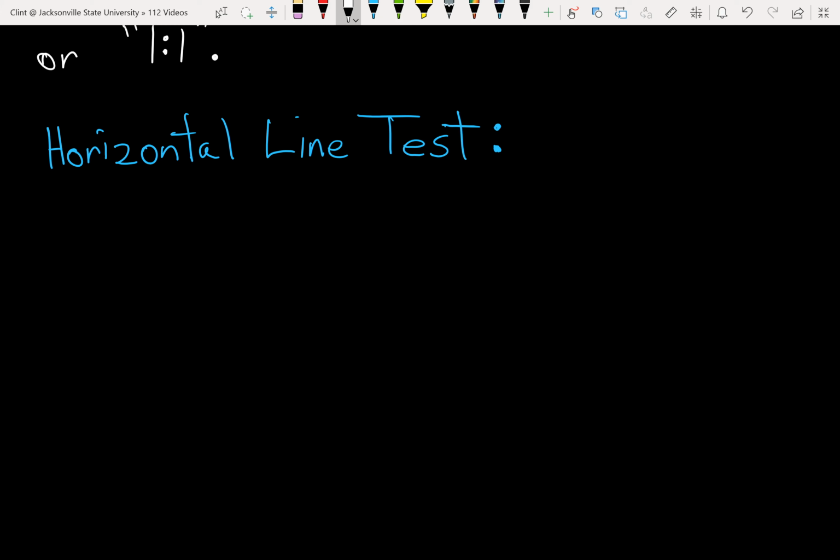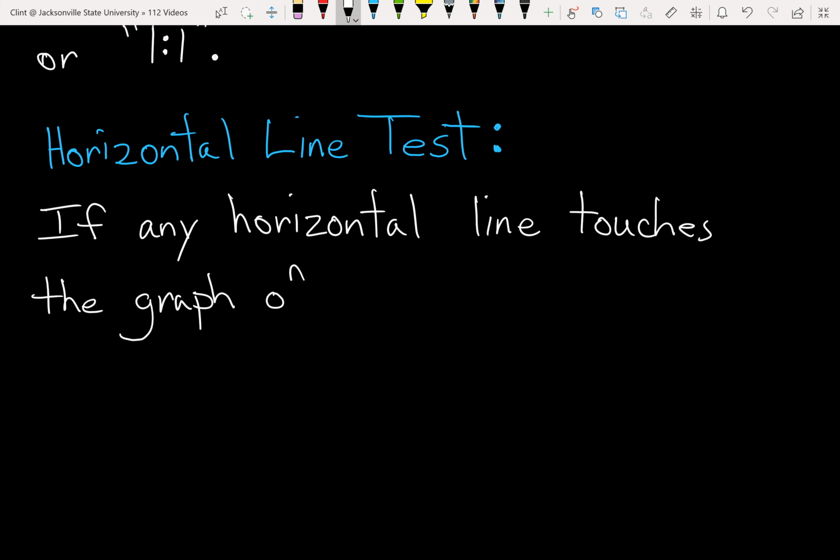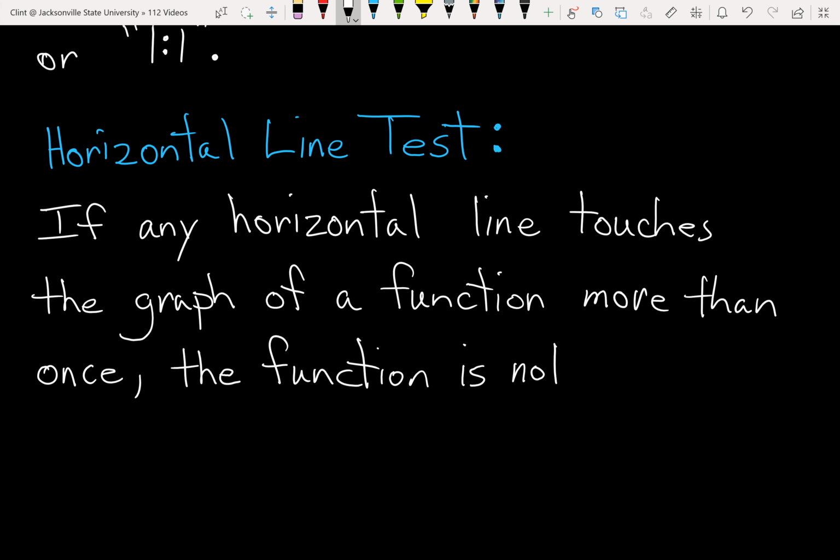Our horizontal line test says if any horizontal line, that's a line going left to right, touches the graph of a function more than once, then the function is not 1 to 1. And that means it does not have an inverse.